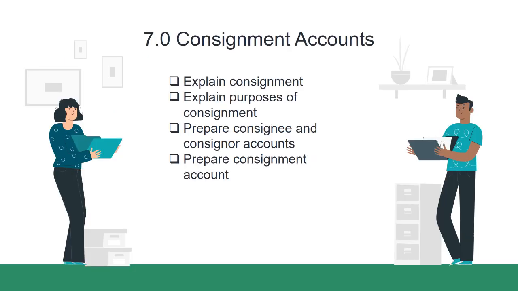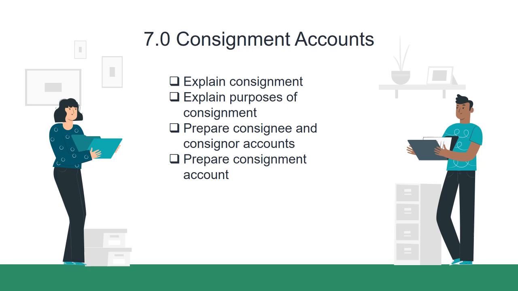Lastly, we cover consignment accounts. Consignment is only an extension of the business where one party sends goods to be sold by another. It's some sort of a principal-agent relationship, where the consignor sends goods to the consignee, so that when the consignee sells those goods, they make a remittance after deducting a certain fee.